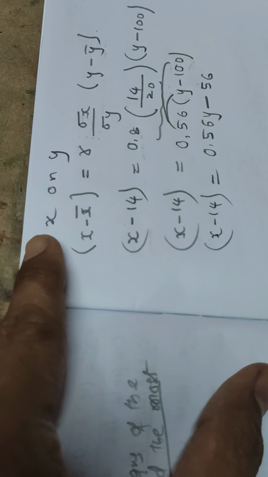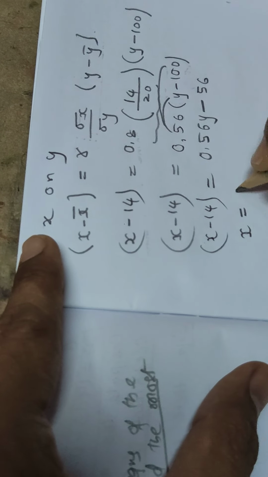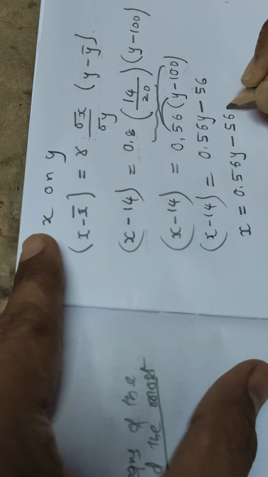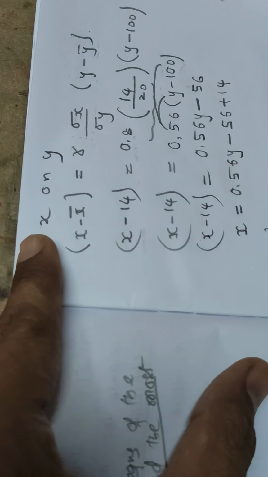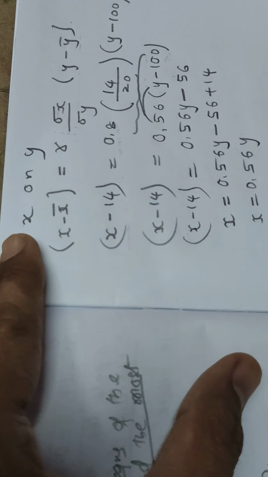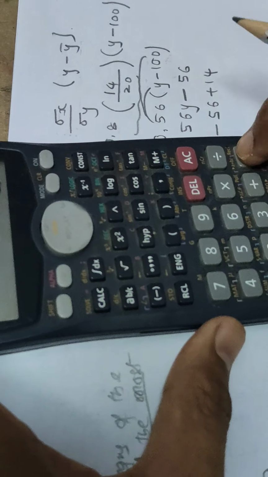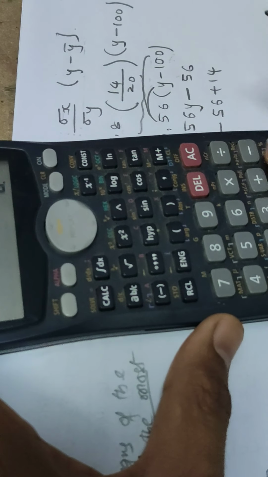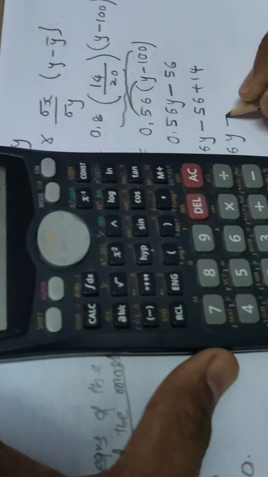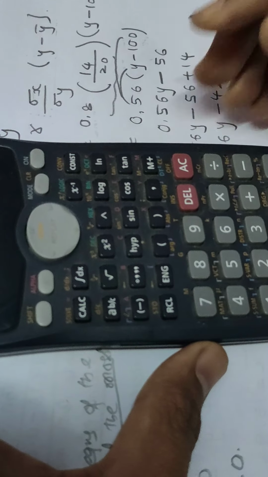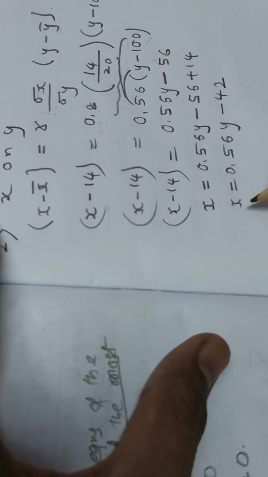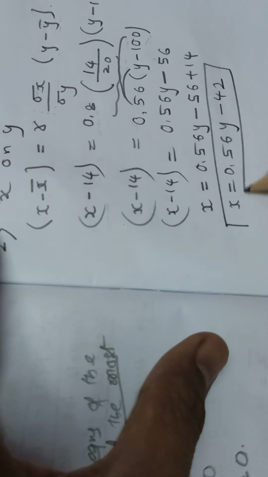So I want x is equal to 0.56 y minus 56 plus 14. So x is equal to 0.56 y minus 56 plus 14, that gives you minus 42. So this is one more line of regression, in terms of x.